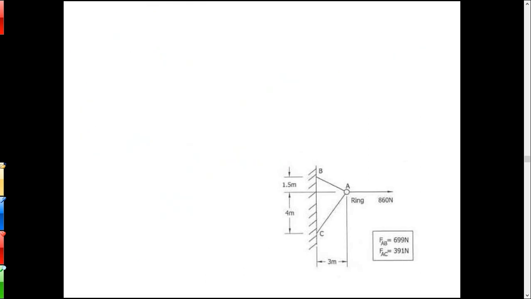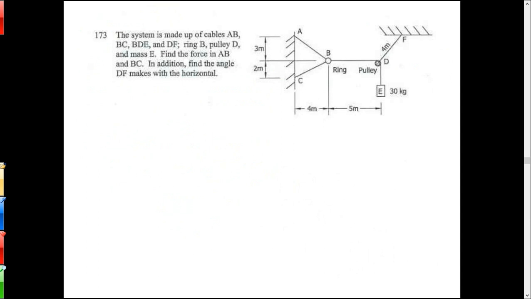Okay, now let's have a look at the one after this one. All right, now on this one, A and F are not at the same height. So you can't assume that from this, okay? Can't do that.